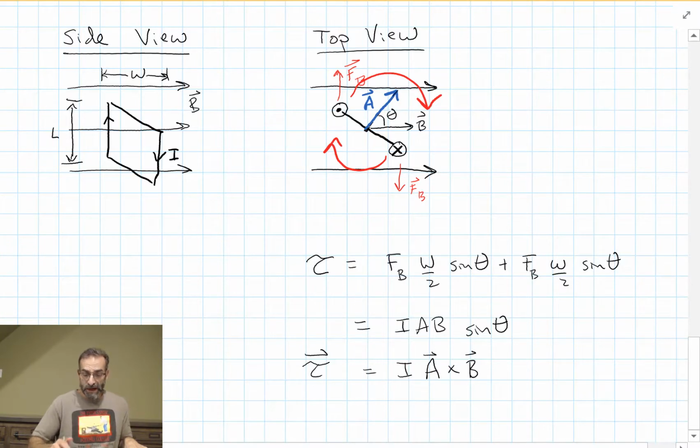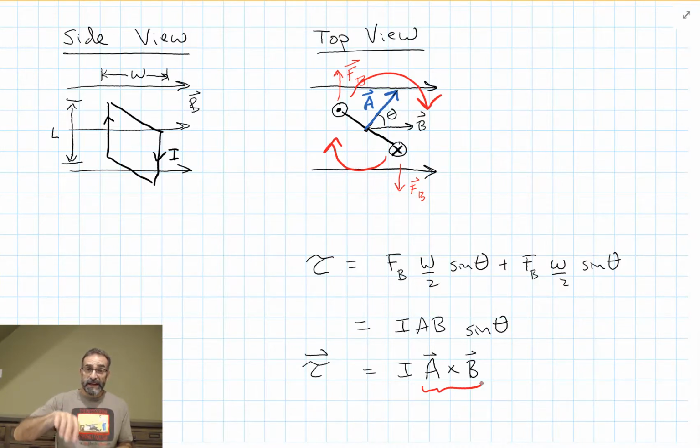The torque equation would tell us A cross B. A points in the direction of the blue arrow, A cross B points into the page. And if you put your thumb into the page, your right hand fingers rotate in the clockwise direction. So the torque is causing clockwise rotation when it points into the page.